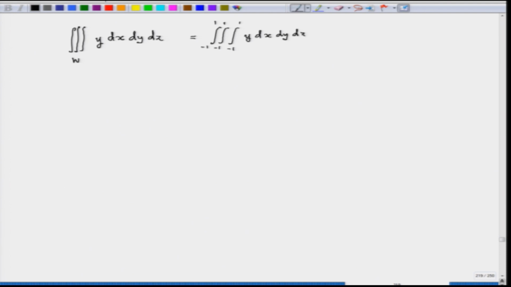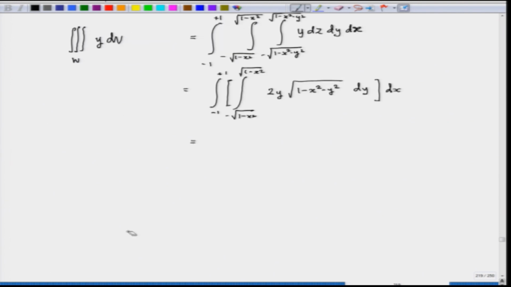Let me see whether I have put the things correctly here. I made a mistake by putting -1 at every point, sorry, it is a sphere. So, we have to first look at how z is varying. Z is varying from minus root over 1 minus x square minus y square to root over 1 minus x square minus y square. Then how y is varying in terms of x, and then x is varying from -1 to +1. This is the kind of thing we can easily do. If we integrate first in dz, then y is constant. Now, let us look at this part of the integral.